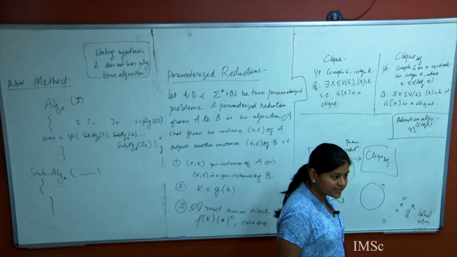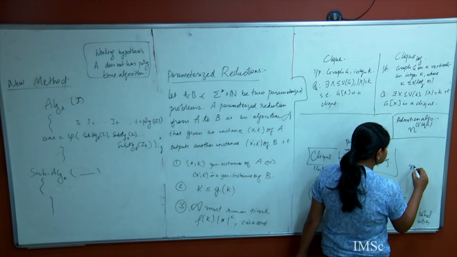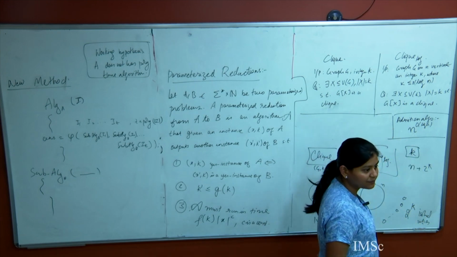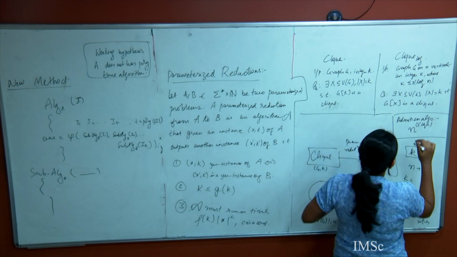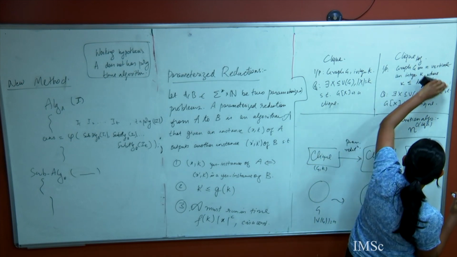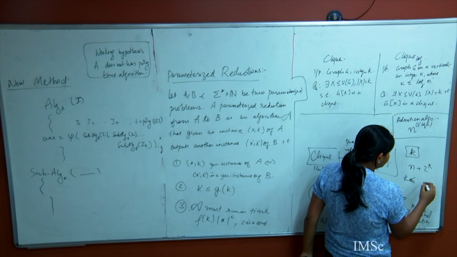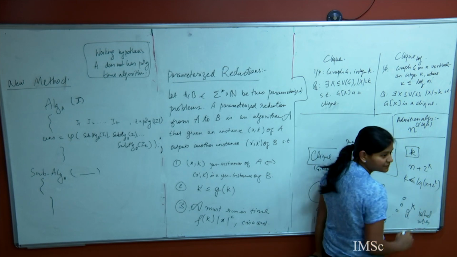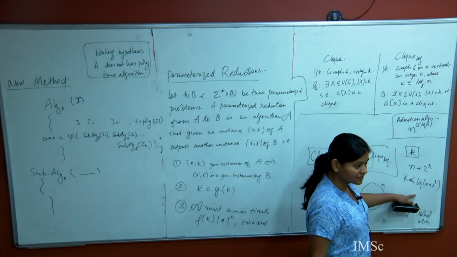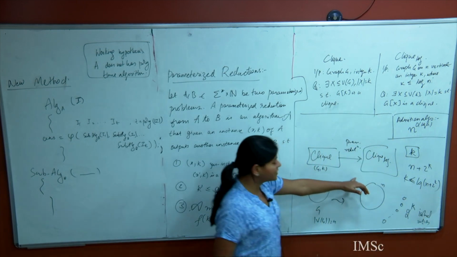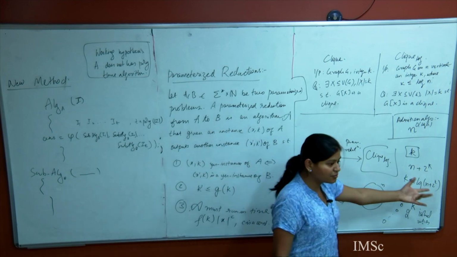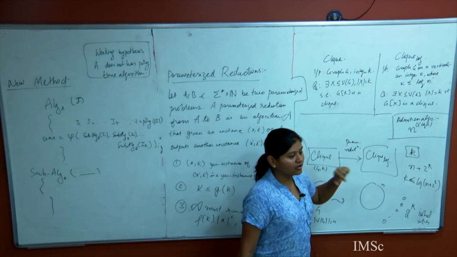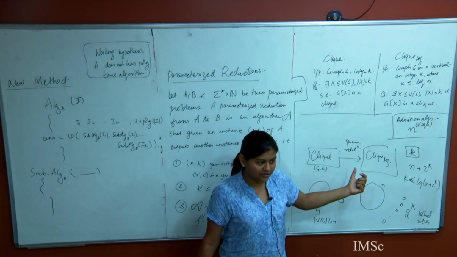We are looking for a clique of size k here also, but the number of vertices is n plus 2 to the k. So k is at most log of n plus 2 to the k, right? This property holds. So therefore we gave a parameterized reduction in time 2 to the k times poly n, which converted an instance of Clique to Clique log. So this was a parameterized reduction, right?